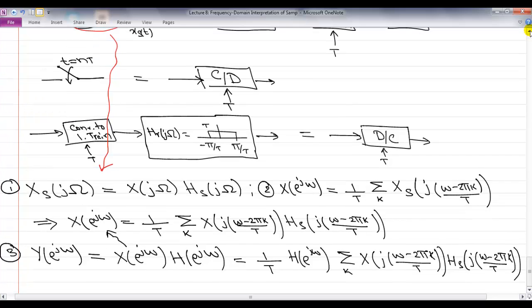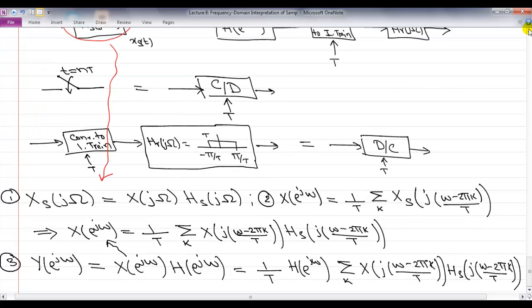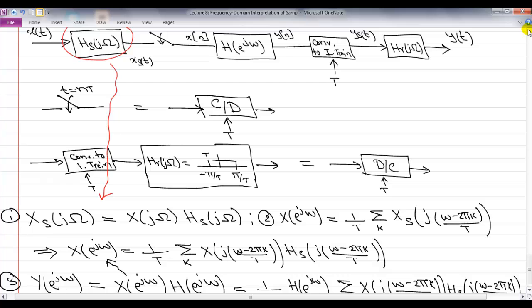Now let's look at the next block. The next block takes the input, a discrete sequence, and converts it into the impulse train. Again, we know the relationship between the input and output of the impulse train.